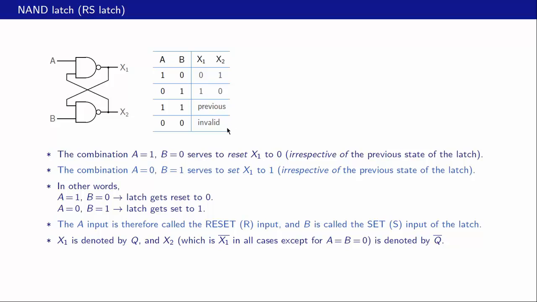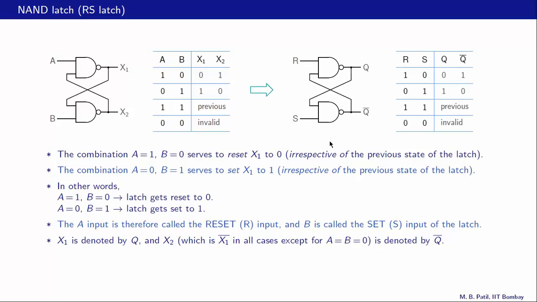Only in the fourth row, x1 and x2 are not inverse of each other, but that row is anyway invalid. So this is our circuit diagram with the new input and output names. R here for reset, S here for set, Q, that is the latch output, and Q bar is the inverse of this. And here is the table that describes how this latch works.